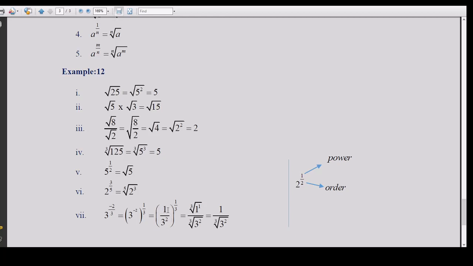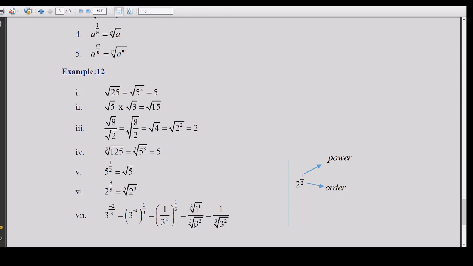Now you can separate this power. 1 to the power 1 by 3 will be 1 to the power 1, order of the root will be 3, and 3 squared having the power of 1 by 3, the same thing. 3 power 2, order of the root will be 3. Cube root of 1 will be 1 itself.